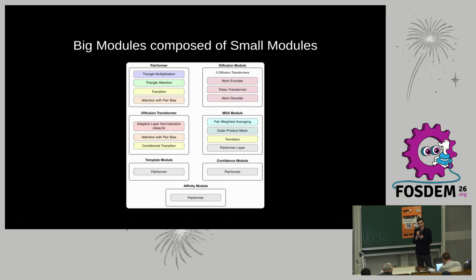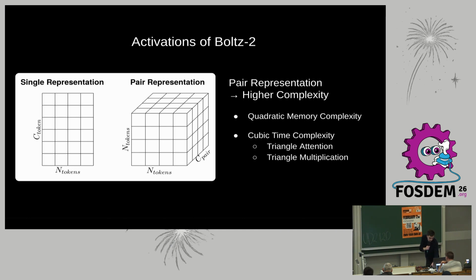And that's basically what the researchers did with AlphaFold and Boltz. It feels like engineering inductive biases. They take regular machine learning operations, but they have some requirements from, for example, physics, and they have to engineer those inductive biases into the model.